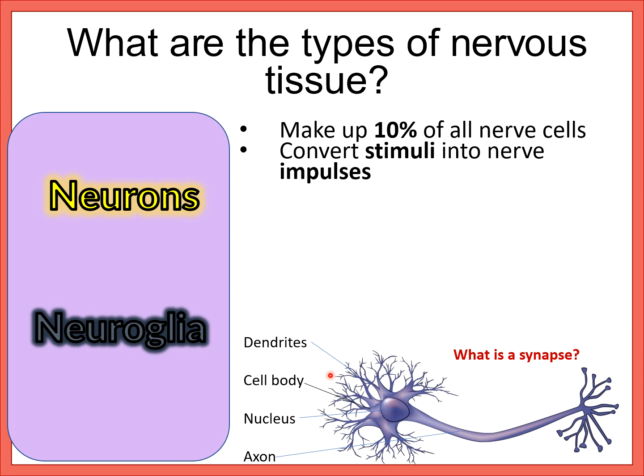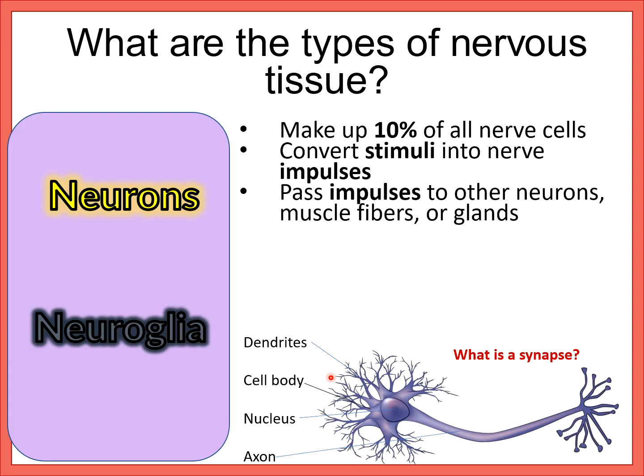So dendrites will receive a stimulation and there will be a change in the membrane potential of those dendrites. And it will cause an electrical impulse to pass down the dendrites through the cell body, and it will continue to travel down the axon.